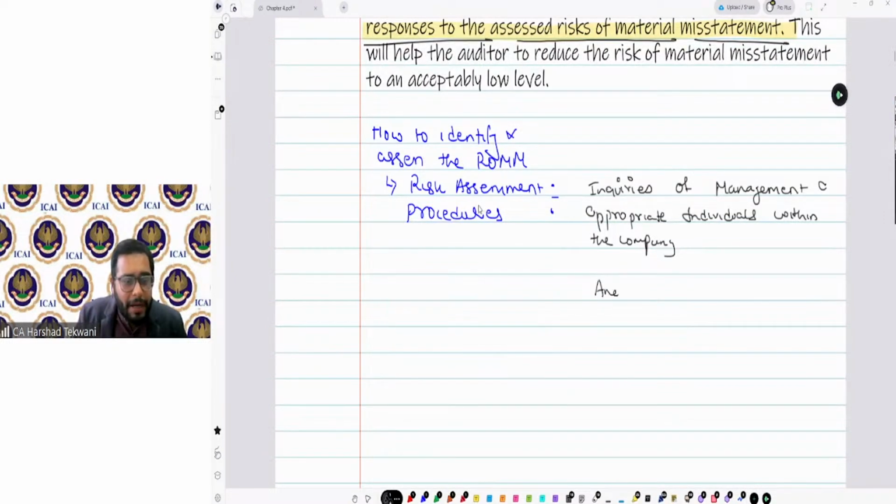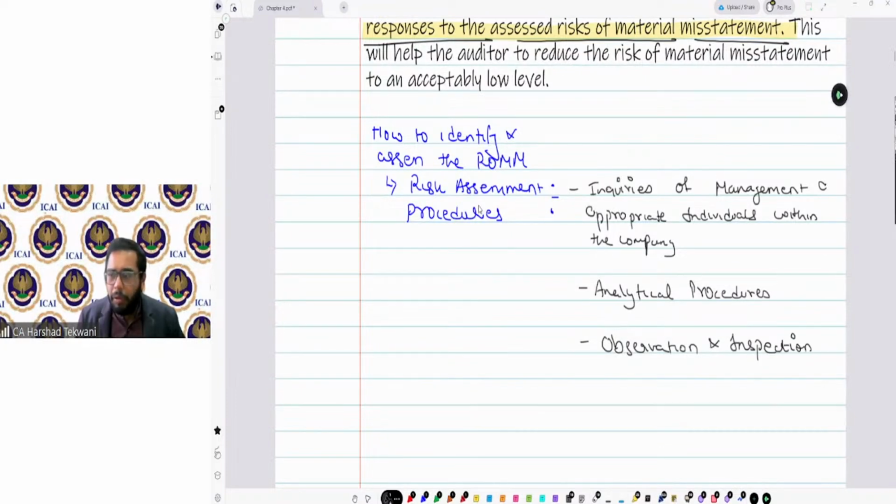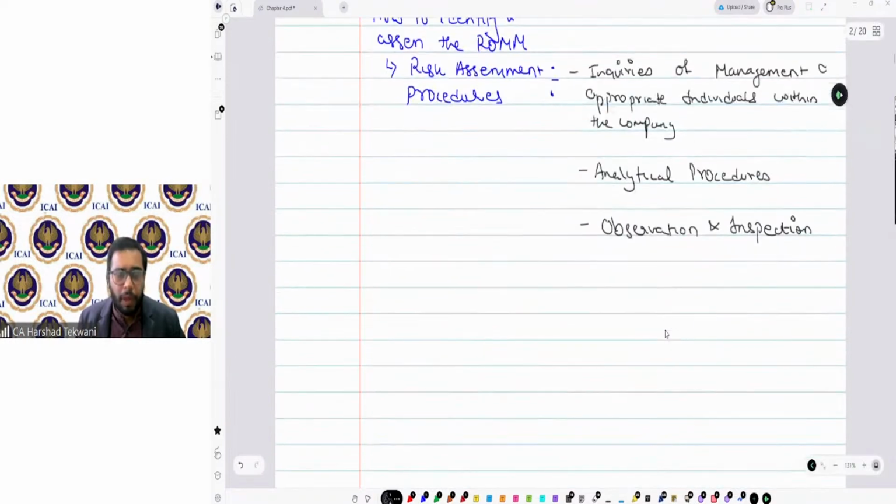Second, we can perform analytical procedures to understand the entity. Third is observation and inspection. In this way, we can perform the risk assessment procedures, meaning we can identify and assess the risk.